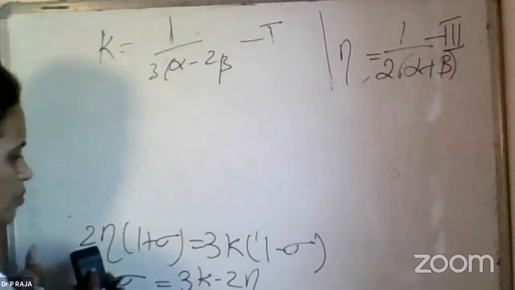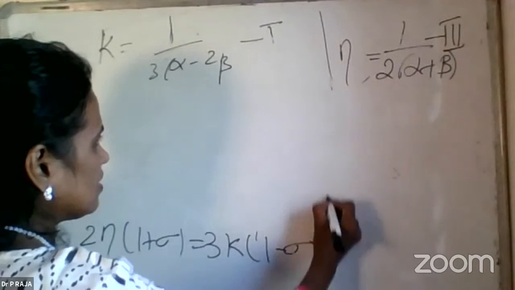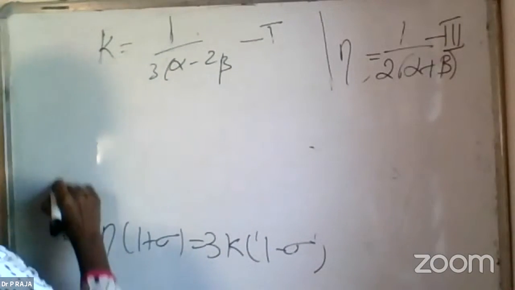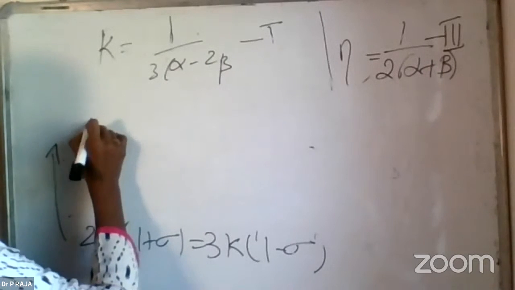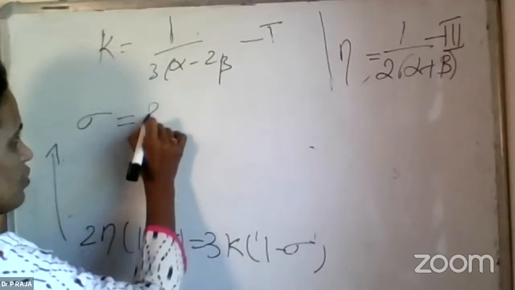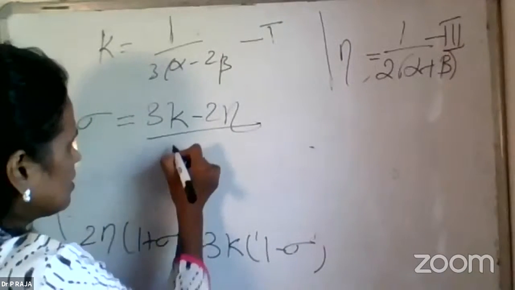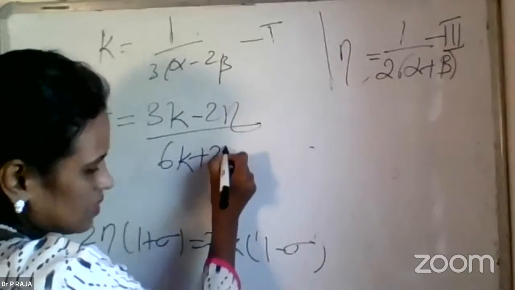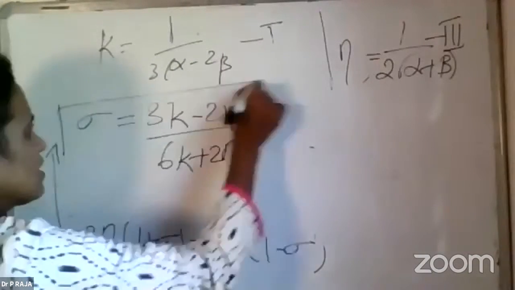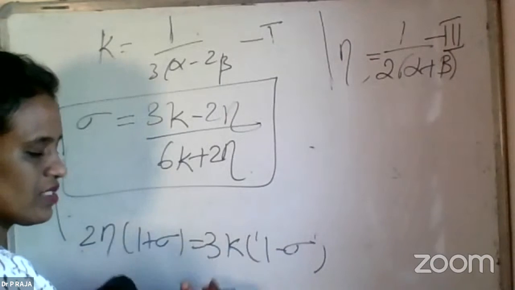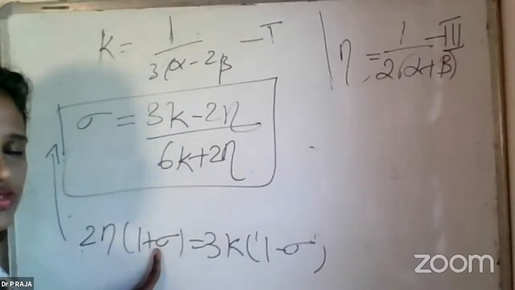I'll write it on the top. From this equation, you will get the value of sigma equal to 3K minus 2 eta divided by 6K plus 2 eta. It's just a rearrangement of this equation, multiplying and then rearranging and then calculating the value of sigma.